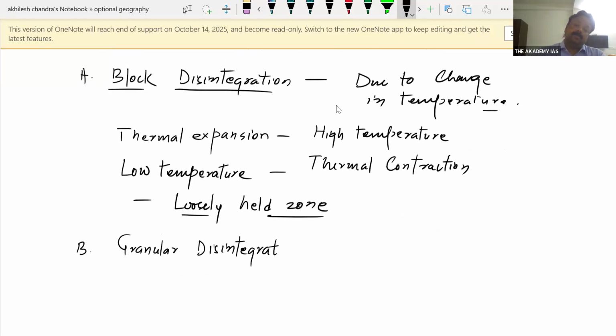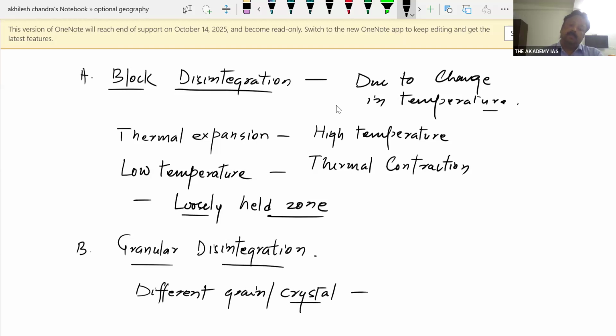So the rock is made up of different color of grain, or you can say crystal, having different composition and color.